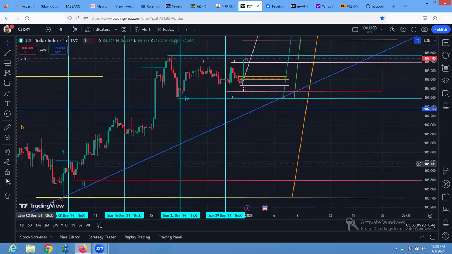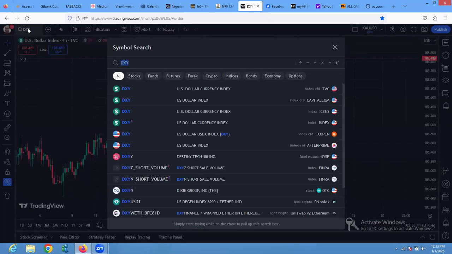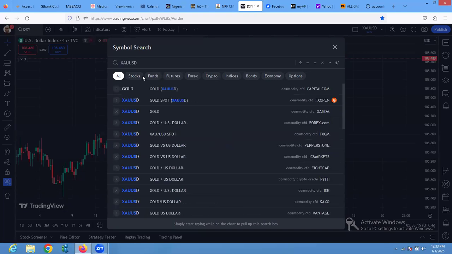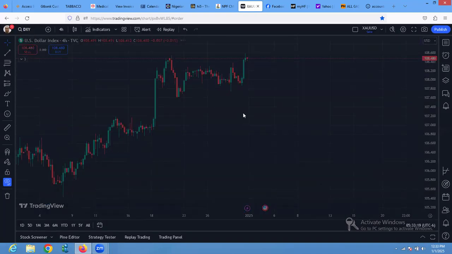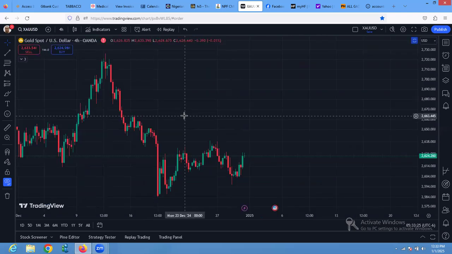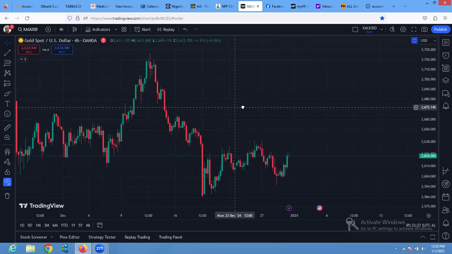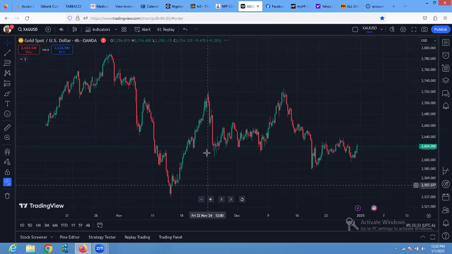So let's look at dollar. I'm sorry, at gold. On gold, the way price is trying to wind down, let's look at the daily. Okay, let's just stay put with this structure here.